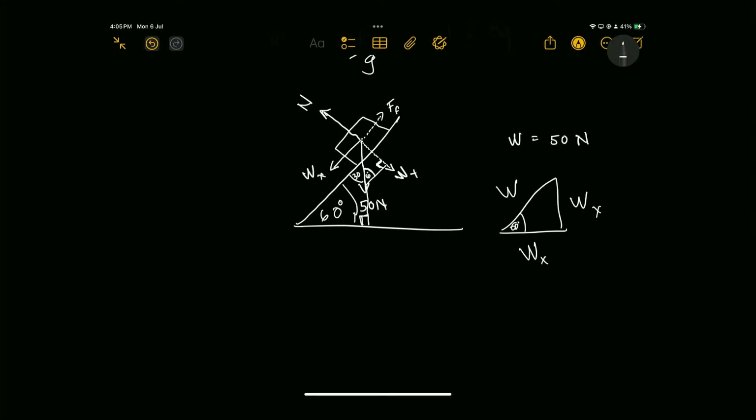So the Y component, which is the component that is perpendicular to the direction of the plane, we can write as WY is equal to W times cosine theta, right? And we could substitute this. This would be equal to 50 times cosine of 60.